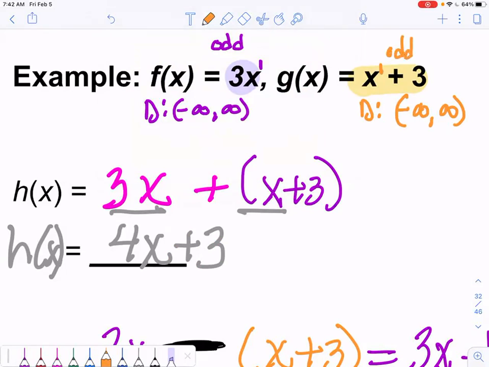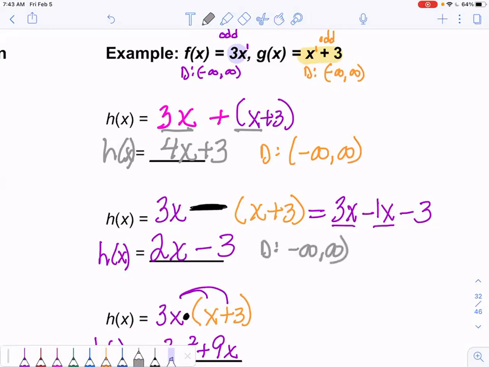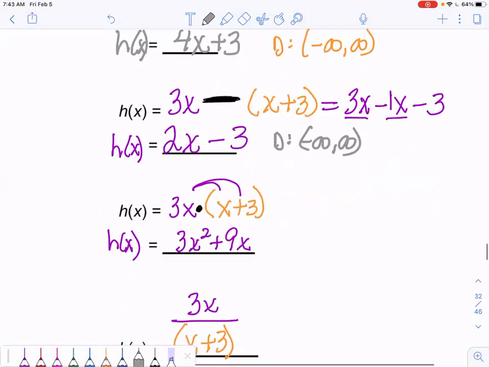So because both of those domains are the same, this is saying that the domain of the new function that you make will be the domain of the original functions. So this domain is negative infinity to positive infinity. Because my original domains were negative infinity to positive infinity. My domain of the subtraction problem is negative infinity to positive infinity. My domain of the multiplication problem is negative infinity to positive infinity.